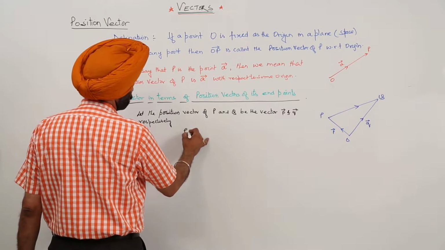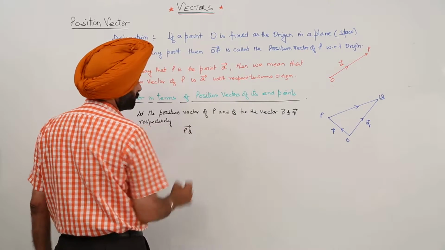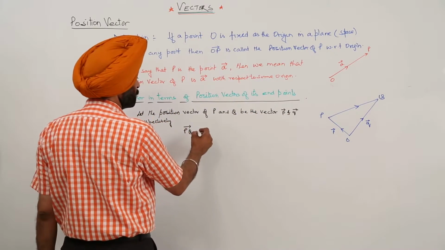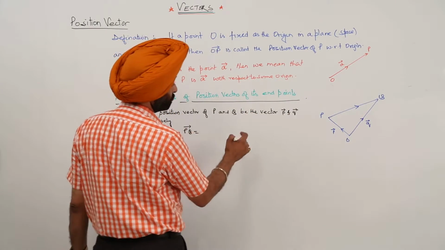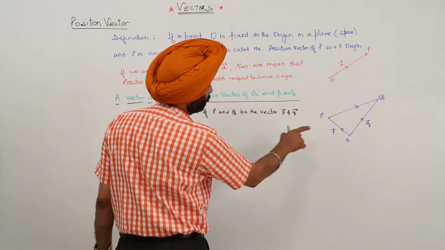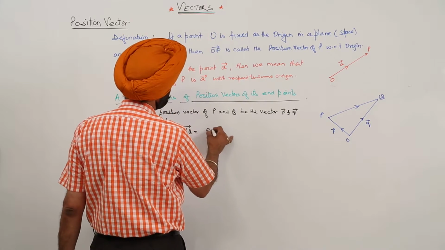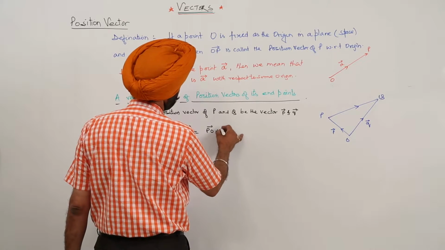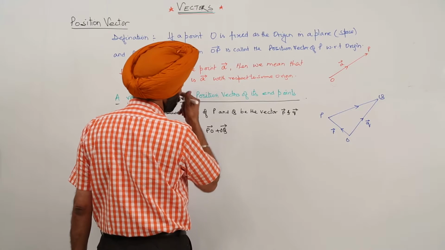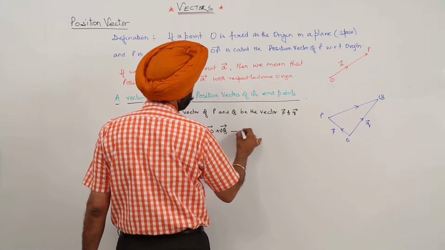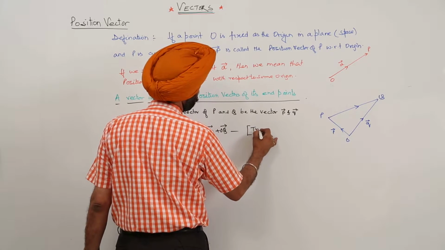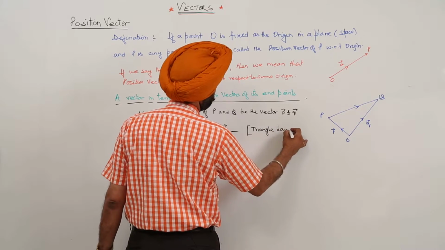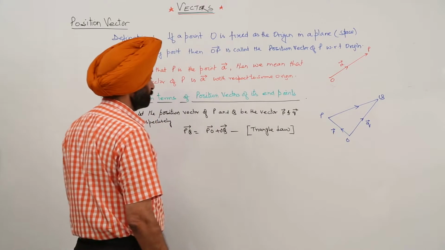Now this vector PQ is equal to PO plus OQ, PO followed by OQ, by the triangle law.